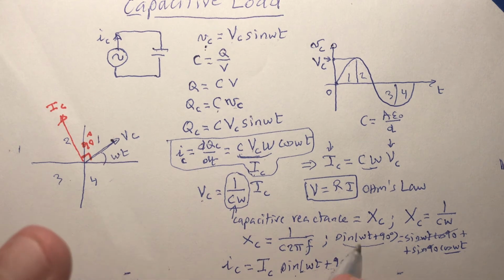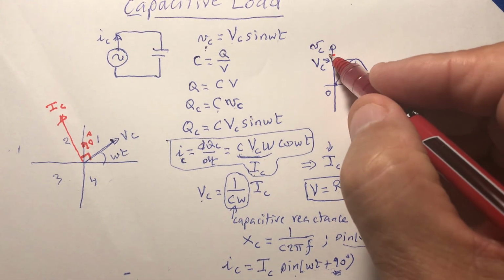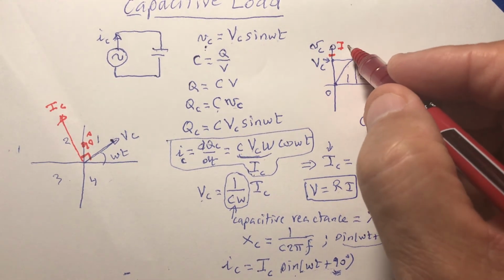They don't come there. For example, their peak doesn't come at the same time. Let's look at the peak of the current. At time t equal to 0, I have sine 90. Look at this equation here. At time t equal to 0, sine 90 is 1, so I have the amplitude. So let me put the current here. This is IC.